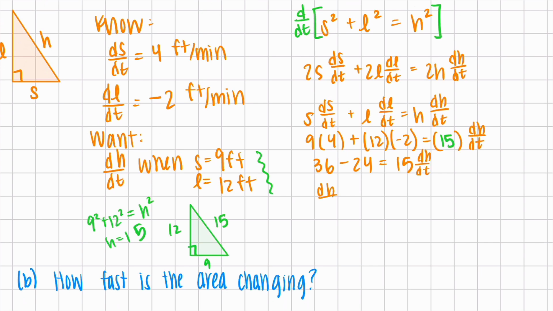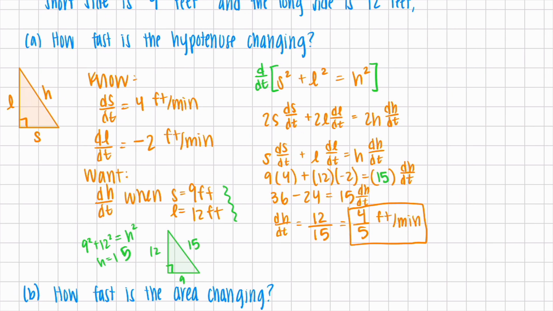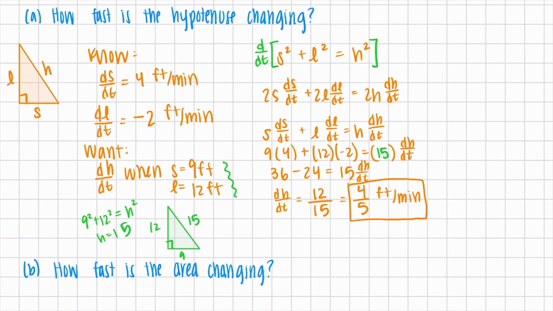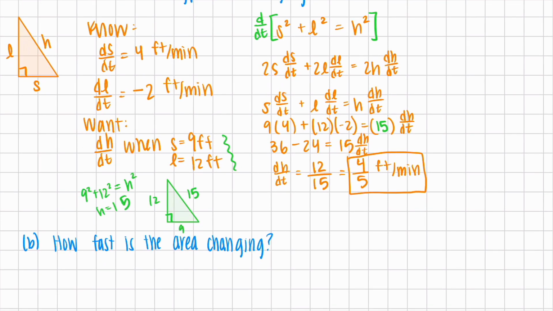We get dh/dt equals 36 minus 24 is 12 over 15, which simplifies to 4/5 feet per minute. That is how fast the hypotenuse is changing. It's increasing 4/5 feet every minute.